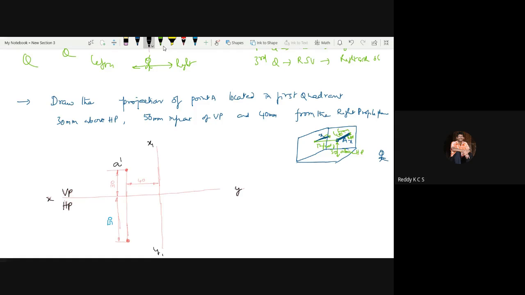So this distance is 30 mm and this distance is 40 mm and this distance is 50 mm. So now I have to do the procedure like how to draw. So this is A, of course, I need to mention this as A because this is a front view. So a 45 degrees line is drawn, because the top view distance has to be transferred.